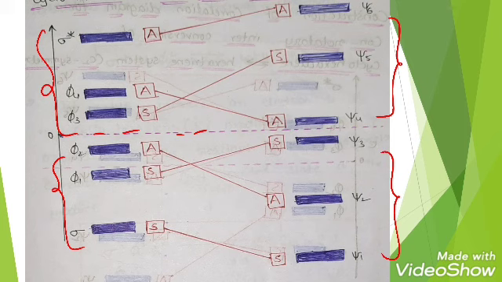So ground state orbitals are bonding orbitals, and excited state orbitals are anti-bonding orbitals.